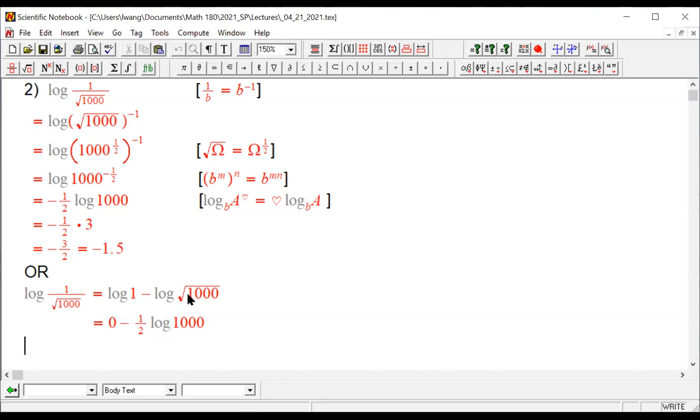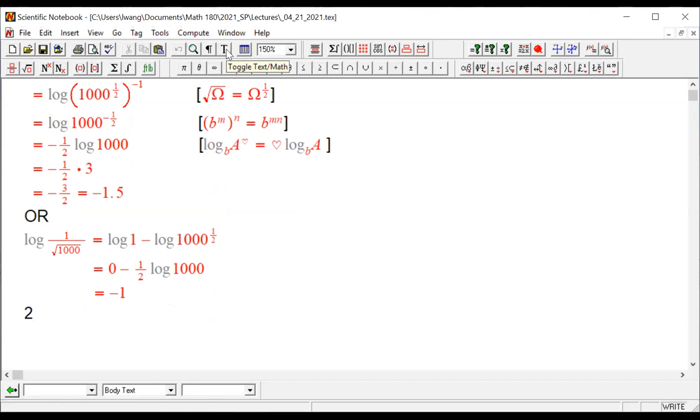You can write that as 1000 to the power half, like Bailey did. You can write this one to replace that. Then you also get negative half times 3. You get the same answer.